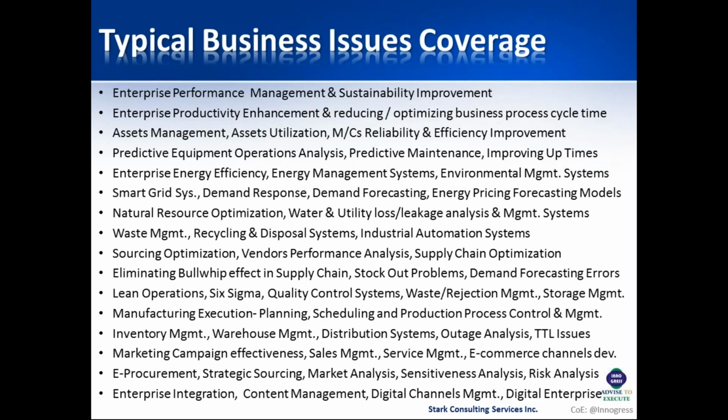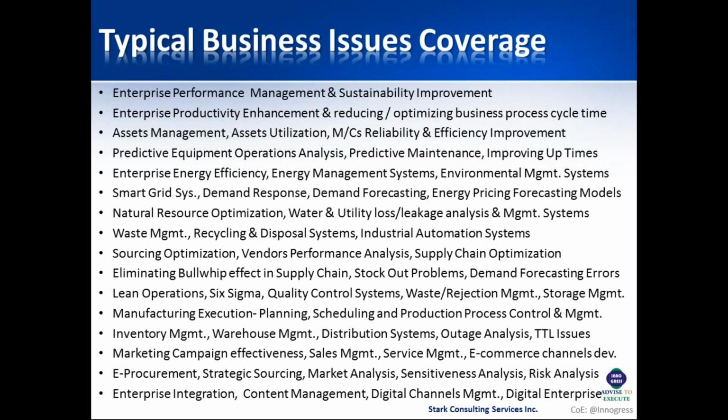These are like performance management, sustainability improvement, productivity enhancement, optimization, asset management, reliability. Nowadays, machine learning has much to do with reliability and efficiency, predictive equipment operation analytics, predictive maintenance, uptime, enterprise efficiency, energy efficiency. Those are very vertical. Then smart grids also, there are many solutions.